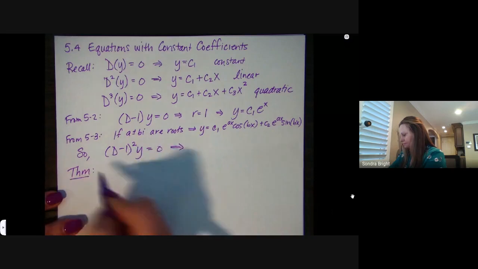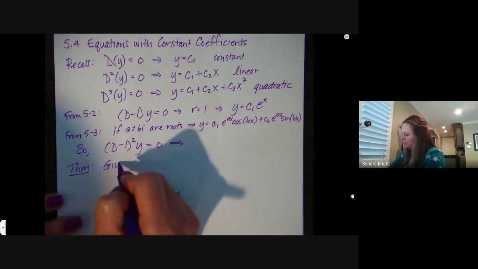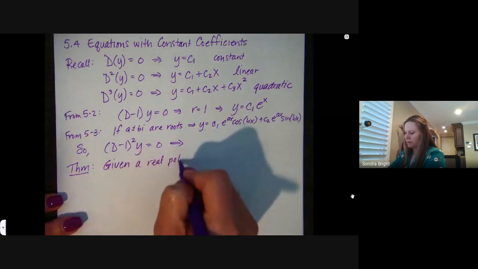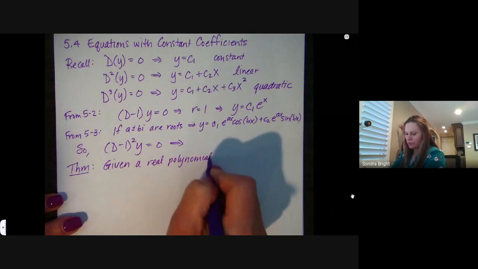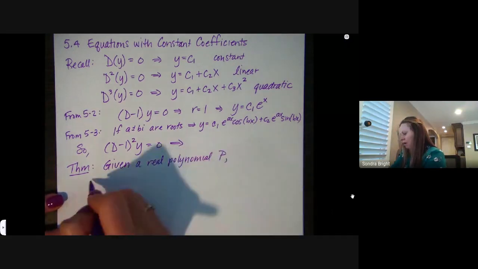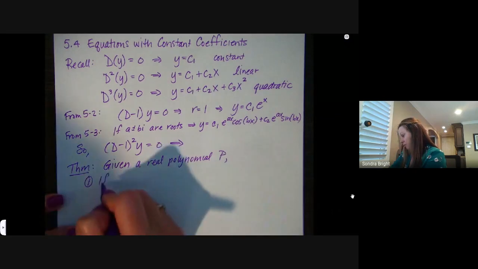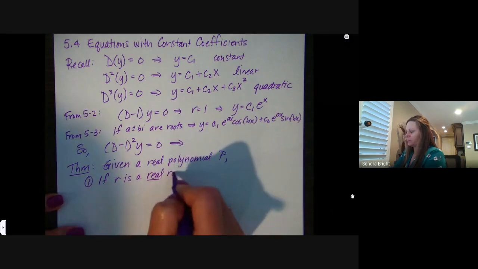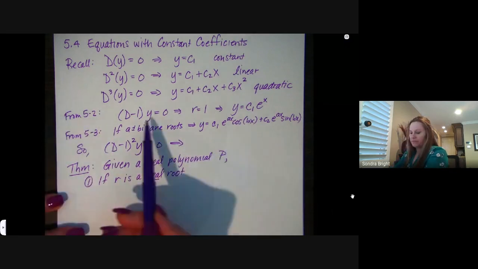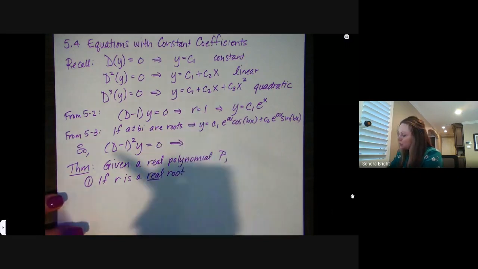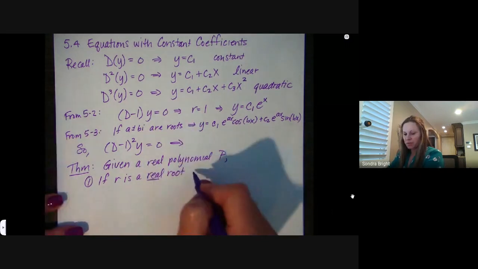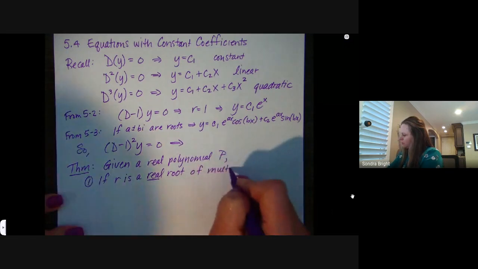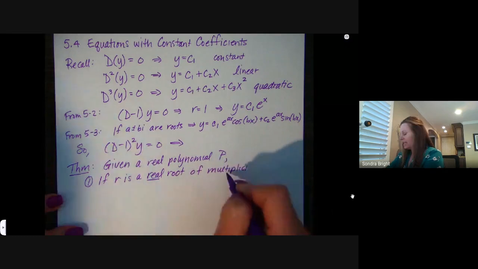Given a real polynomial p, then it's 3 parts. First of all, if r is a real root, like from section 2, that was a real root, but now what if it has multiplicity on it? So a real root of multiplicity k of p.